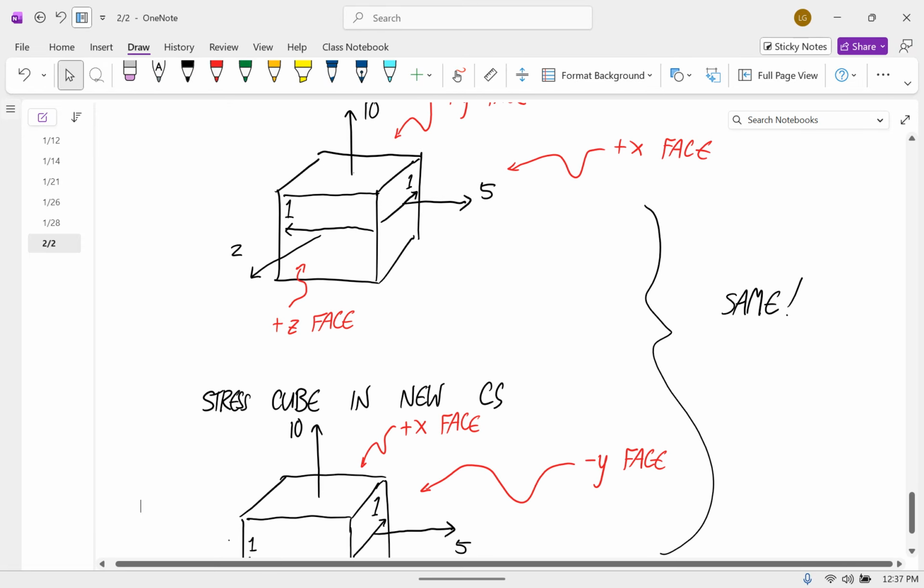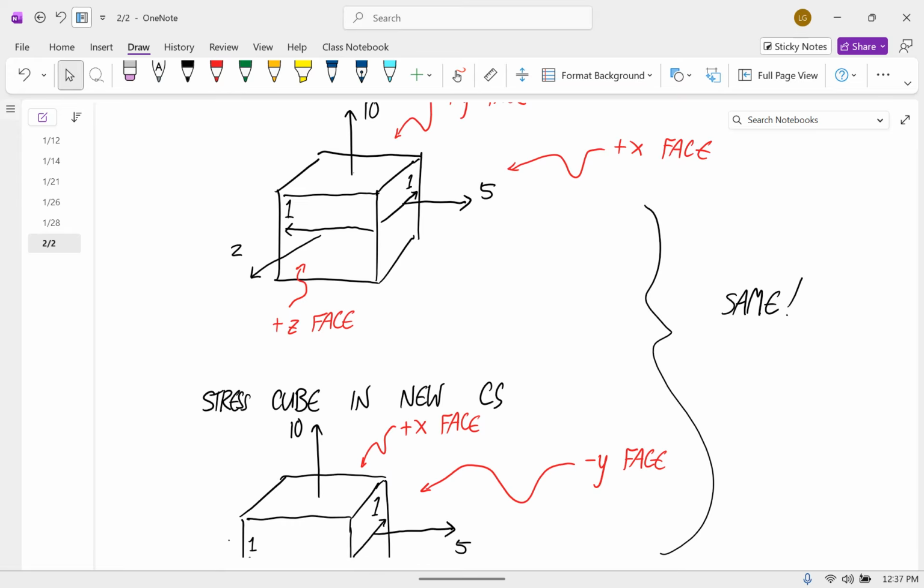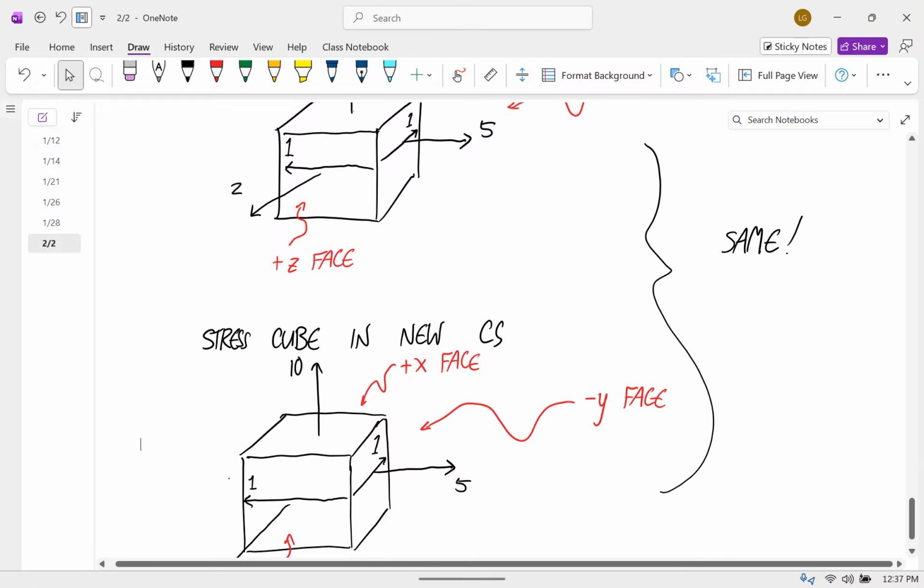And so that top face has to match our old top face. Each face has to match the face on the old one. So what's named what changed, some negatives changed, but you end up with two cubes that tell the exact same story.